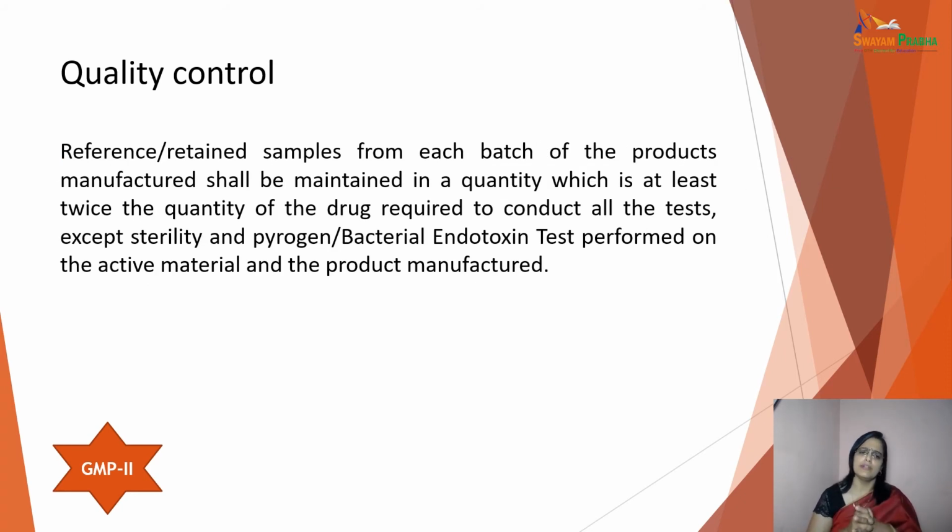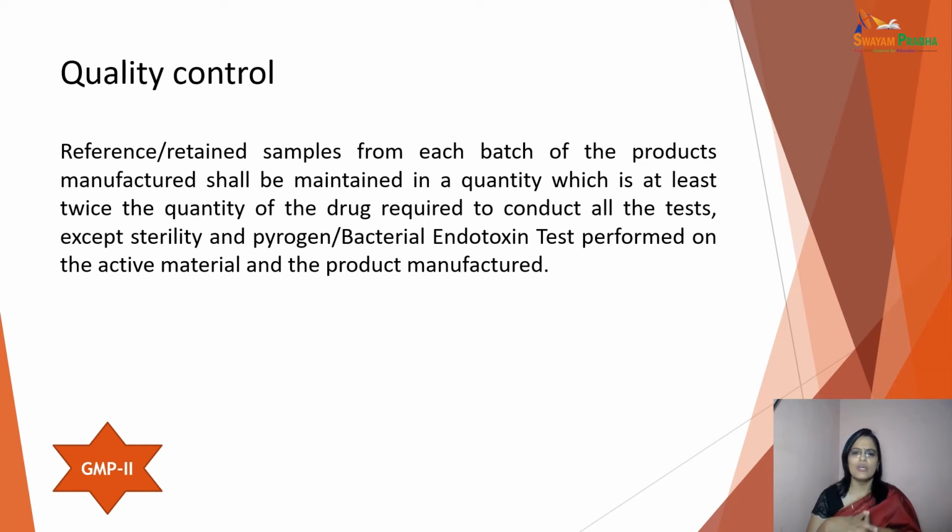Next, a reference sample from each batch of products manufactured shall be maintained in a quantity which is at least twice the quantity of the product required to conduct all the tests, except the sterility, pyrogens and bacterial endotoxin tests performed on active material and the product manufactured.